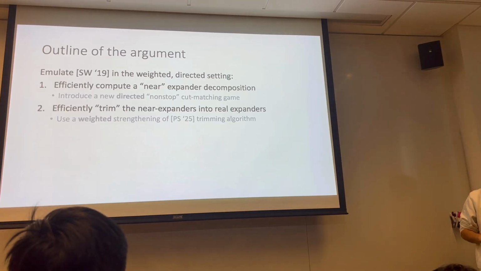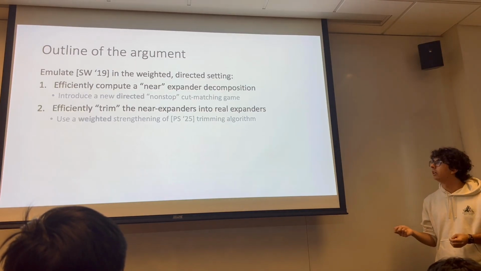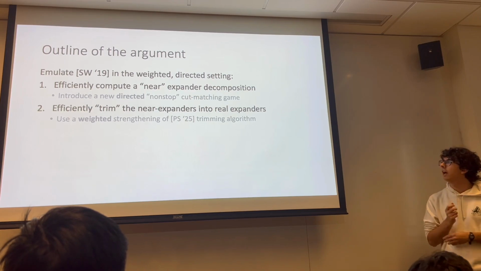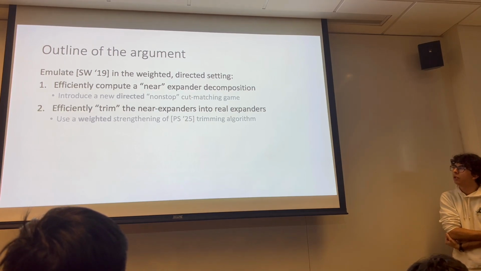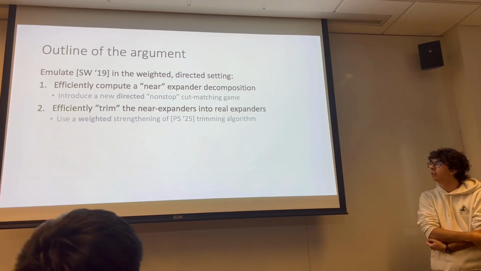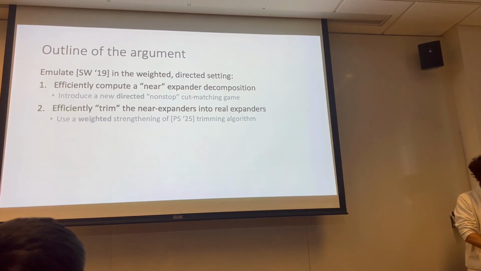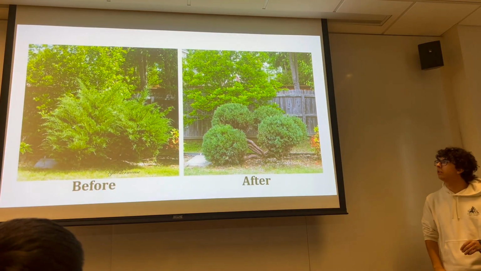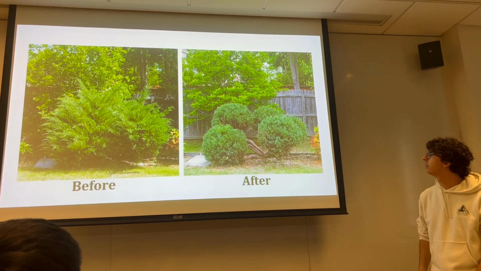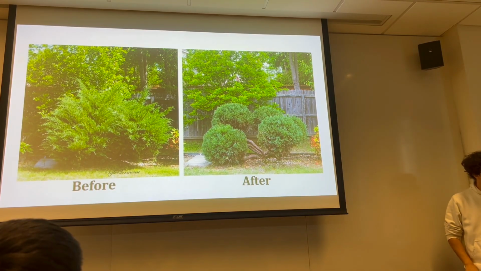And the last thing we need to do is we need to actually turn the near expanders, these shrubs, into real expanders. This is trimming. And to do this, we strengthen the trimming algorithm from the previous directed work to work well in the weighted setting. Okay, so before we start with this messy hedge, and after we split it into these separated bushes.